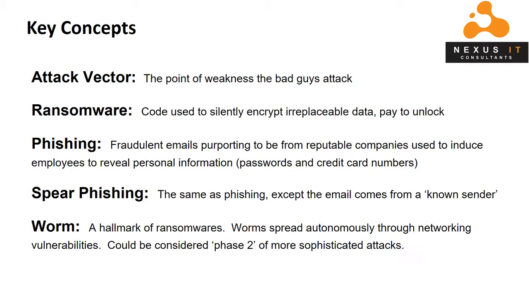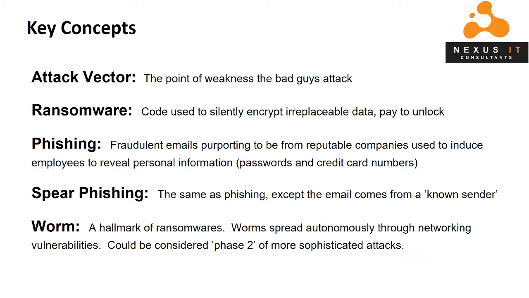Phishing is the act of sending fraudulent emails purporting to be from known sources like Microsoft or FedEx, for example. Spear phishing is a variant of the above, sometimes also known as BEC, or Business Email Compromise. It gets this name because it comes from a supposedly known sender, such as the CEO of the business.